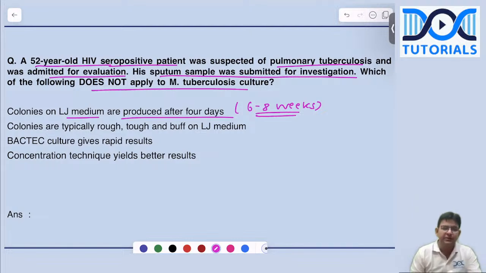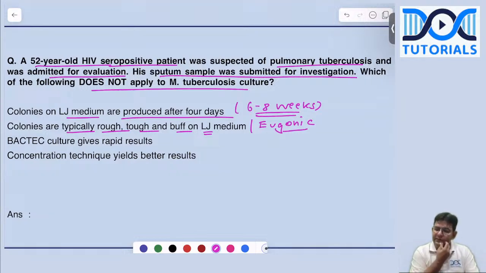This culture media is inspissated, not autoclaved. The colonies are typically rough, tough, and buff. They are wrinkled, difficult to remove, and yellowish brown. On LJ media they come in 6 to 8 weeks. Are they eugonic or dysgonic? They are eugonic. Luxuriant growth is there, but it takes time. Is it fine, guys?